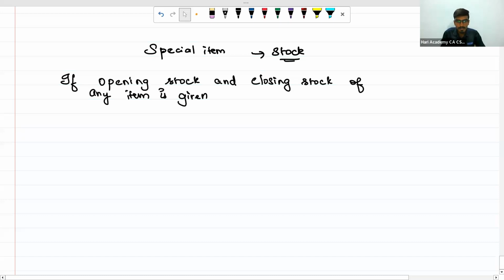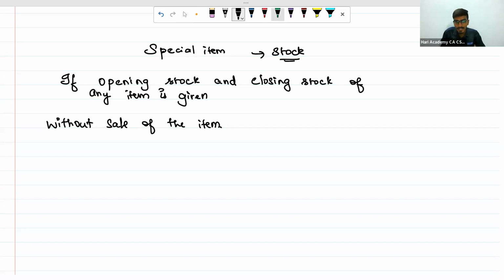One is without sale of the item. If the item is not sold, then you will prepare directly a stock account.